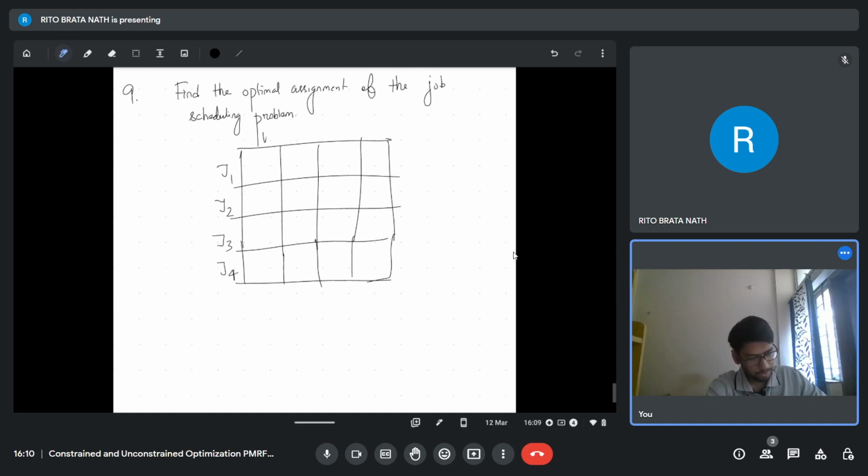Every job must be allocated to only one worker. This will be W5, and so that the cost is minimized. So it's a transportation problem with row and column sums to be 1.